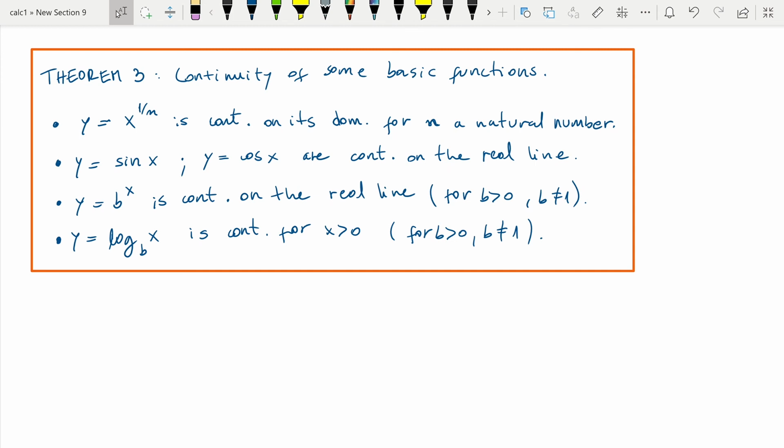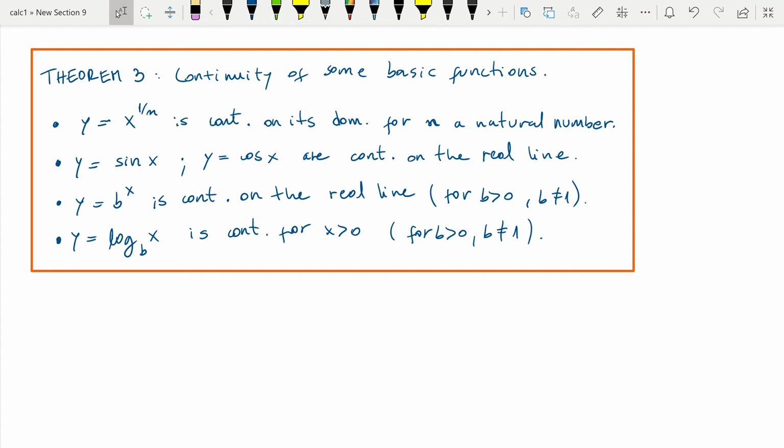Okay, we have also that most of the functions that you've seen or heard of in previous courses are continuous. So y equals x to the n, where n is a natural number, is continuous in its domain.